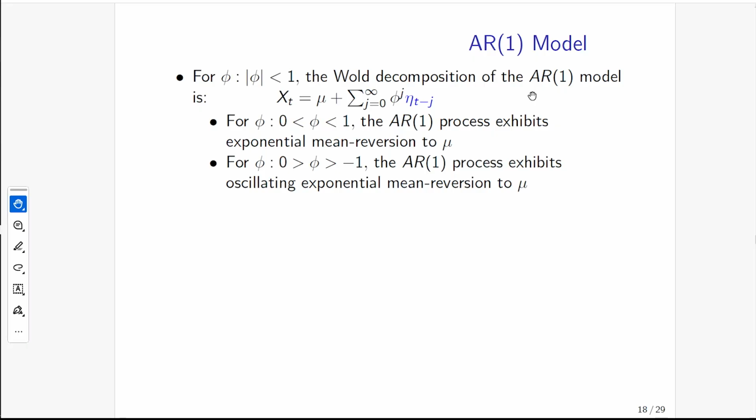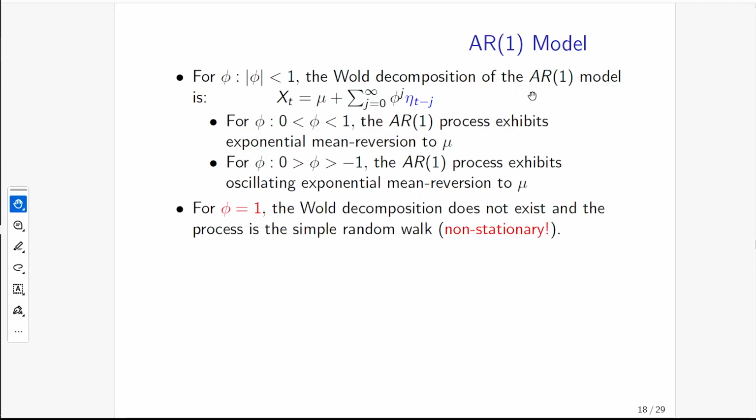Okay. Now, if phi is between minus 1 and 1, or for phi between 0 and 1, the process exhibits exponential mean reversion. And when phi is negative, but no larger than negative 1 in magnitude, then it exhibits some oscillating exponential mean reversion.